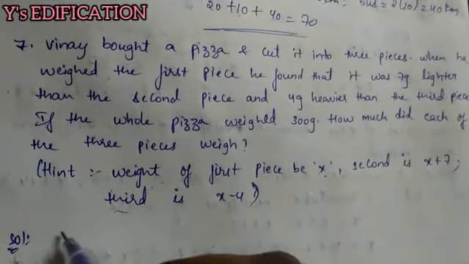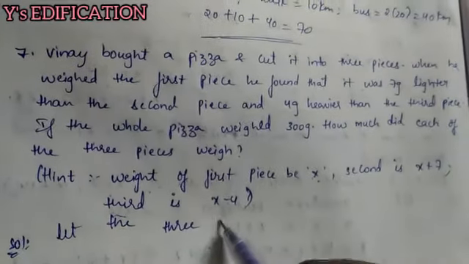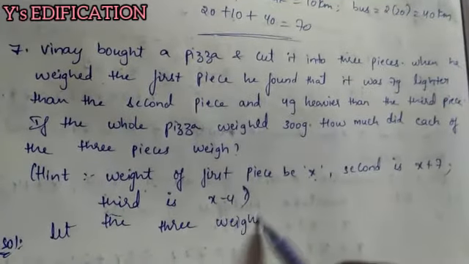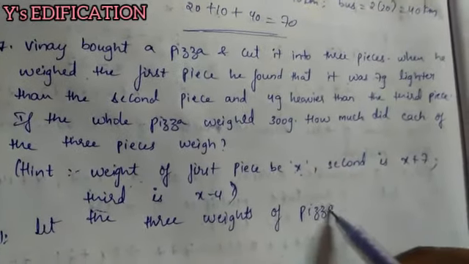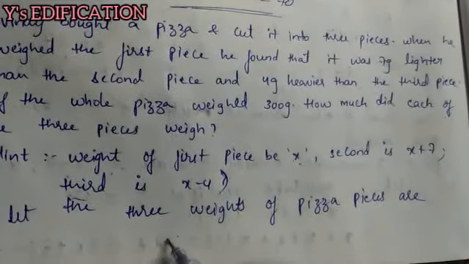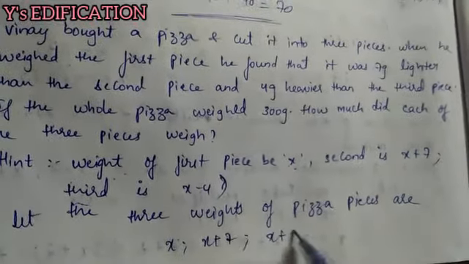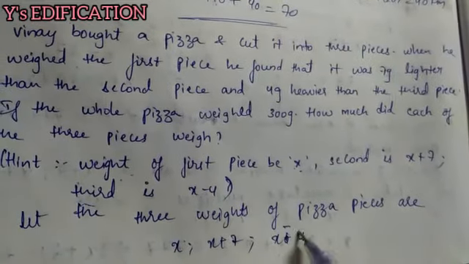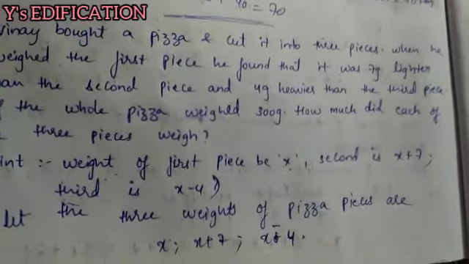So first, let the 3 weights of pizza pieces be x, x plus 7, x minus 4. What is the total weight of the pizza? 300 grams.